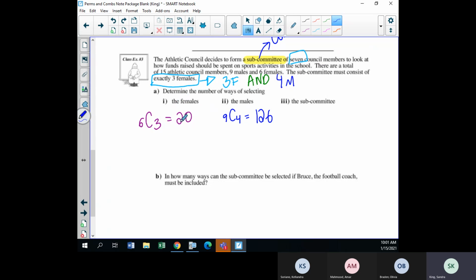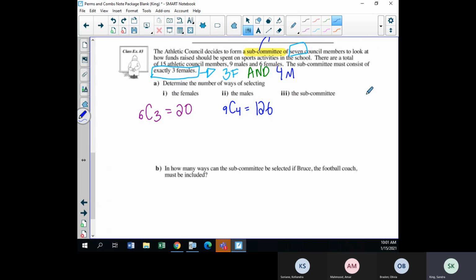That's for selecting the females, and this is how many ways of selecting the males. How many different ways are there of selecting the subcommittee? The subcommittee is made of 3 females and 4 males, and "and" means multiply.